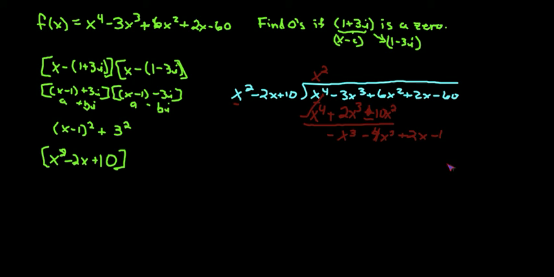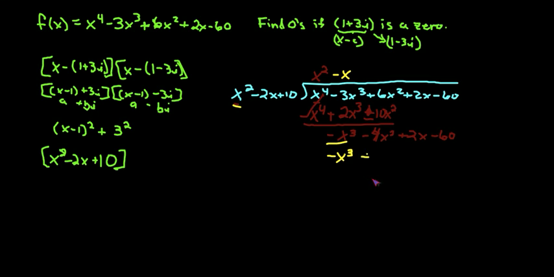Go to our next step, which says take first here and see if it'll divide into the first here, which it obviously does. So negative x to the third divided by x squared is negative x. Do my 3 distributions again. Negative x times x squared is negative x to the third. Negative x times negative 2x is going to be positive 2x squared.